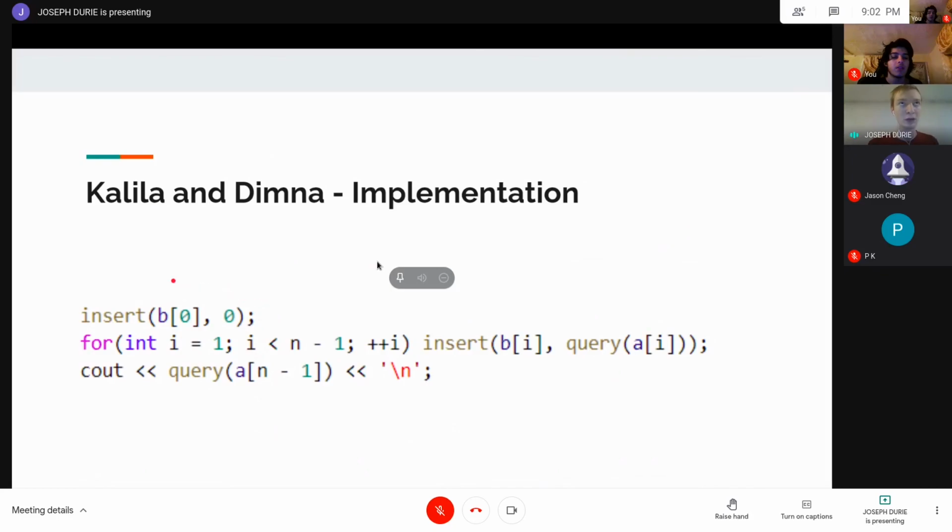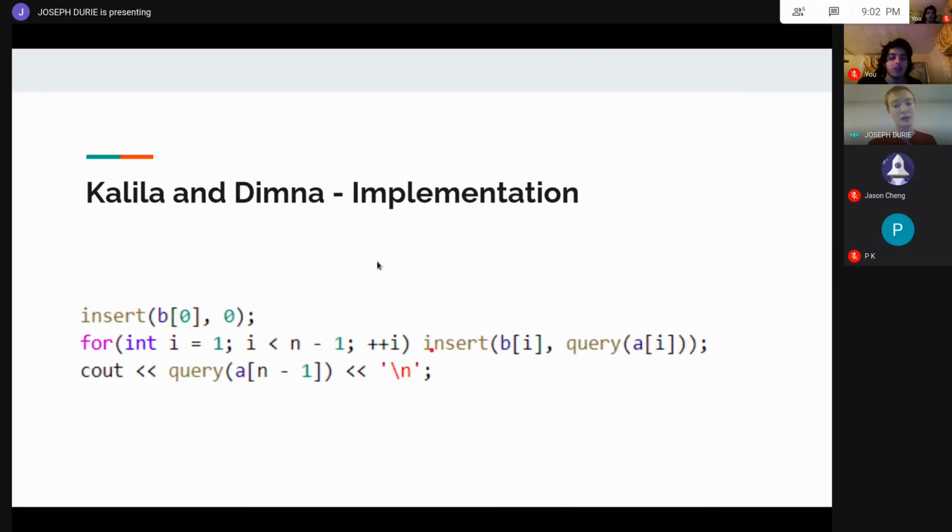We know that we always have to take the first tree, so we can insert the first tree like this. And then we never even have to store an int value for DP I. We can just pass it directly into the insert function as the intercept for the line.